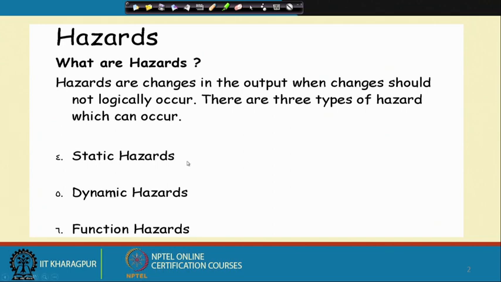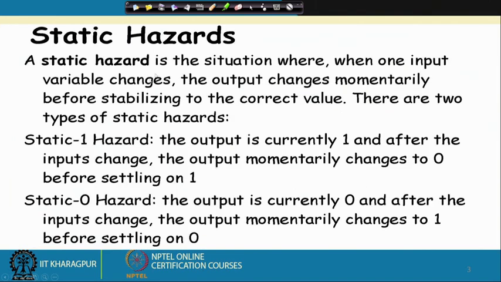First we will talk about static hazards. A static hazard is the situation where, when one input variable changes, the output changes momentarily before stabilizing to the correct value. There are two types of static hazards: static 1 hazards and static 0 hazards.